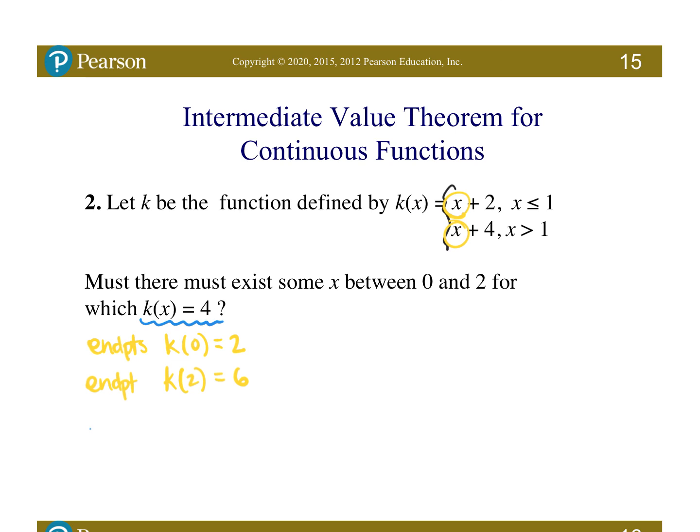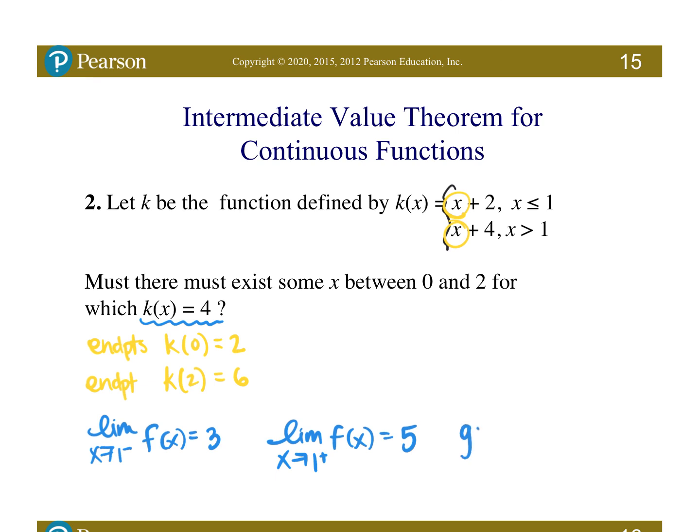I need to see what's going on to the left of 1. The limit from the left is 3. And to the right of 1, it is 5. So we've got a jump, or gap, discontinuity going on here.